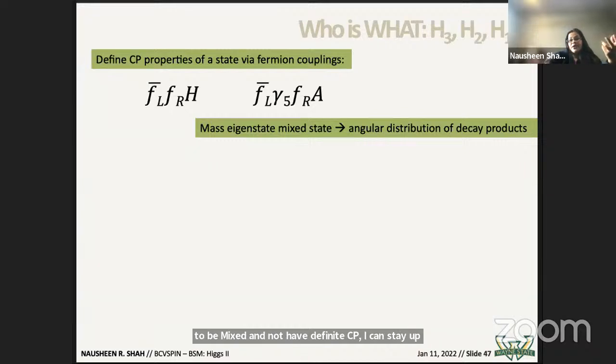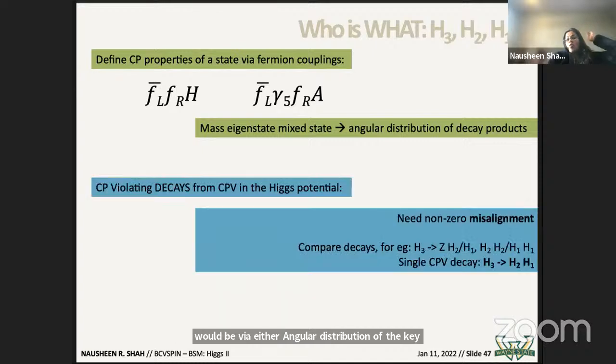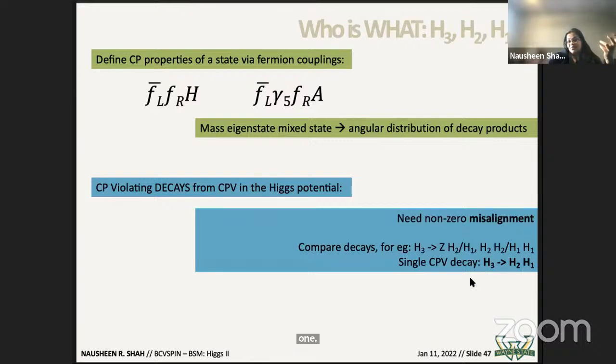And the way you figure out what's going on would be via either angular distribution of decay products, or you would look at various decays that you can have simultaneously, or something like H3 going to H2, H1, which would only happen in the case of CP violation.